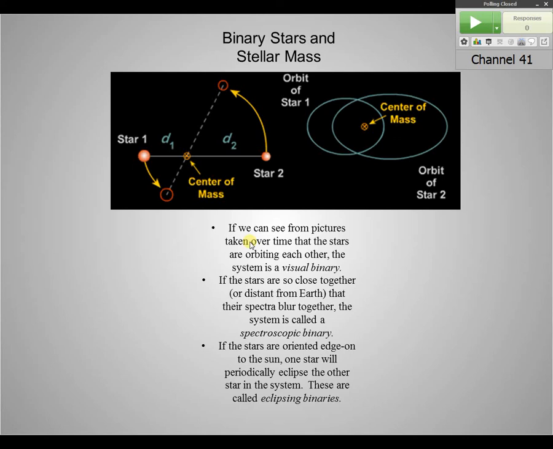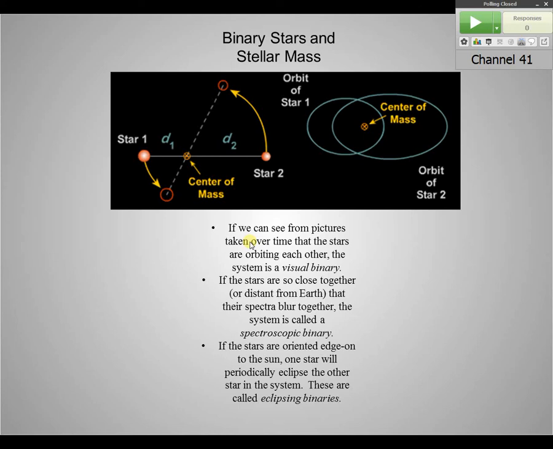I'm going to see that cross in front from my line of sight, and that's going to do something to the amount of starlight I actually detect. It will eclipse some of the starlight that I actually detect. And so even though I can't see the two stars separately, I see the light from the two stars changing on a periodic basis. And so that's how I know that that eclipsing is occurring.